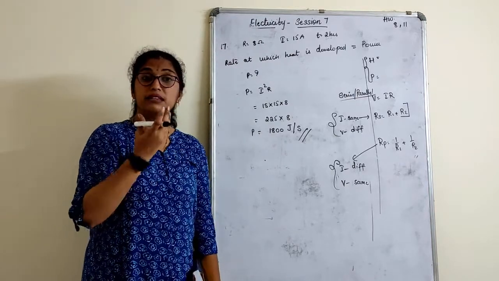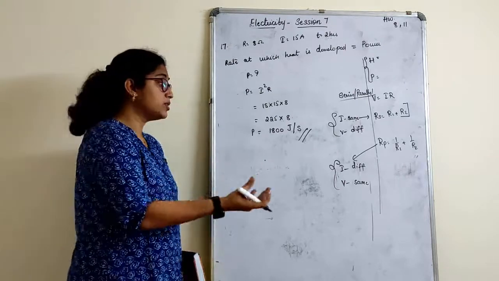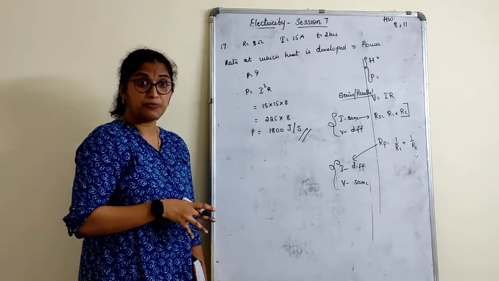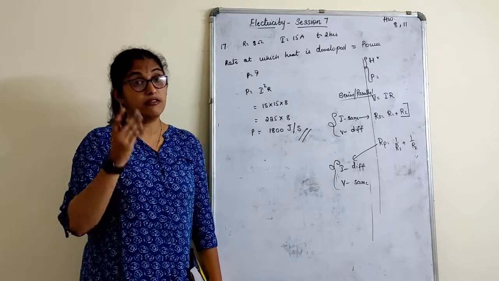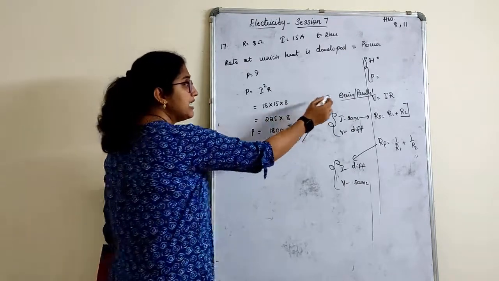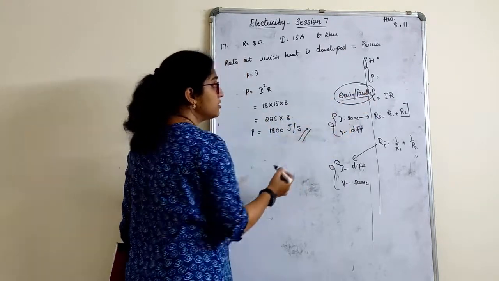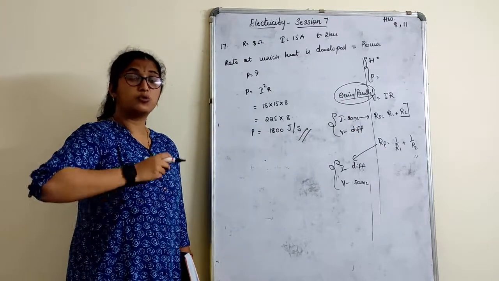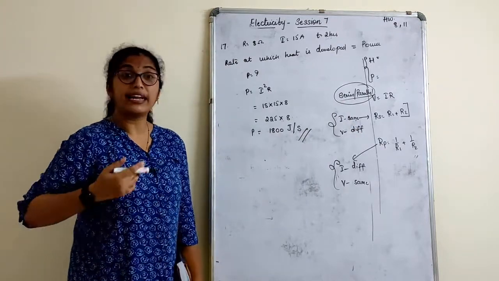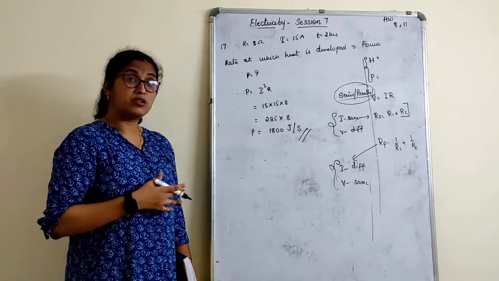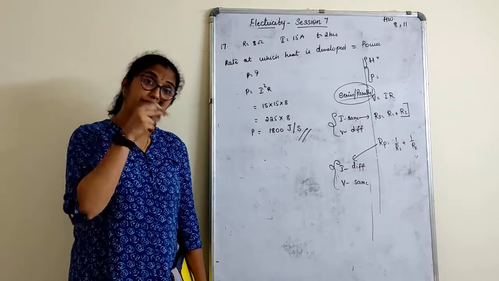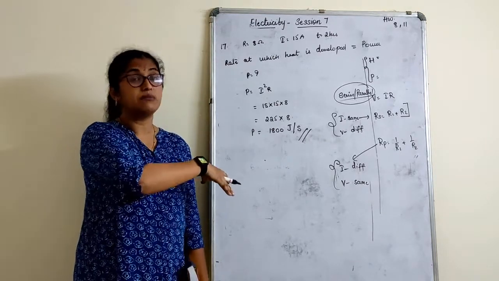And sometimes there are 2 or 3 formulas which will fit a particular sum, but we cannot use them. Why can we not use them? Because there will be one or the other given condition: series, parallel, across what resistance we are using. Try it out and see. Sometimes you come across a sum where you can use 2 formulas, and both will fit. But I have used a different formula there.